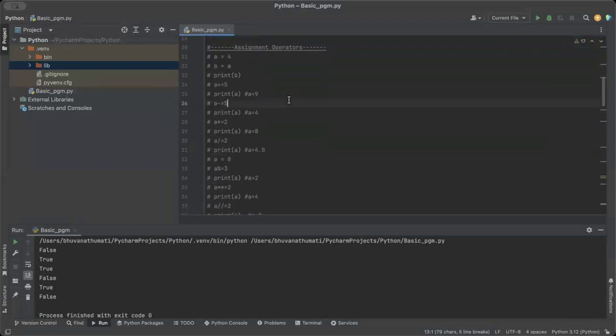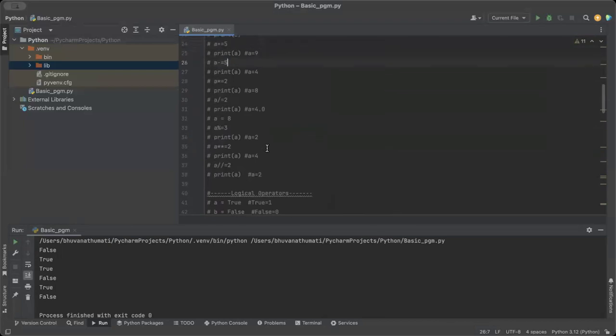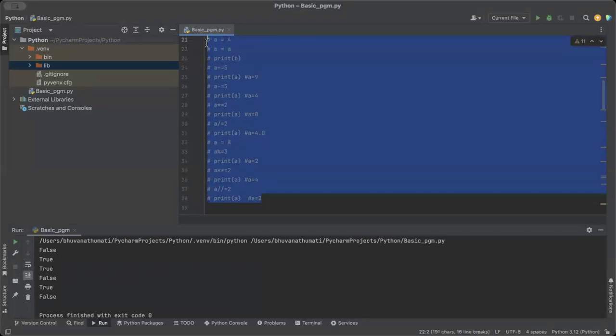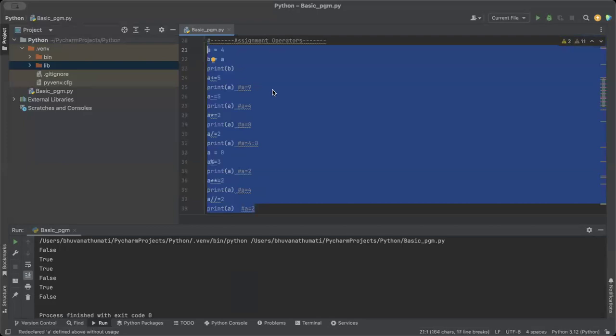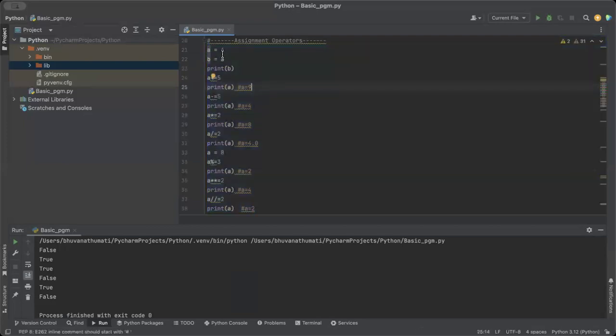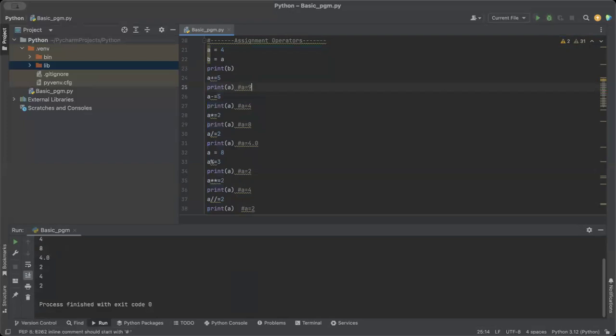Next, assignment operators. Assignment operators are used to assign values to variables. So I have considered here A as 4 and I am assigning A to B. If I run this, see here, A equals to 4, I am assigning that 4 to B, so when I print B, I'm getting 4.